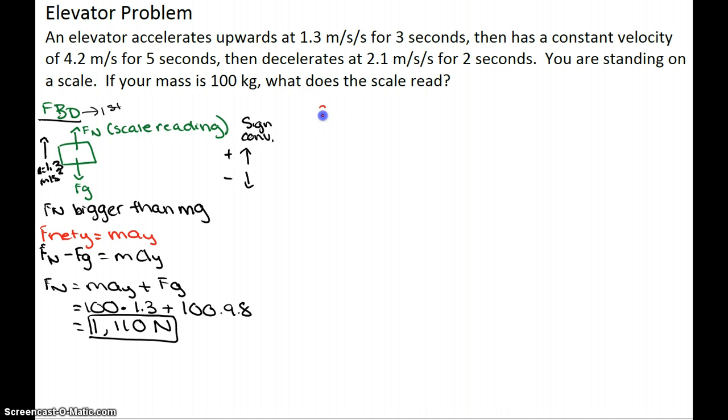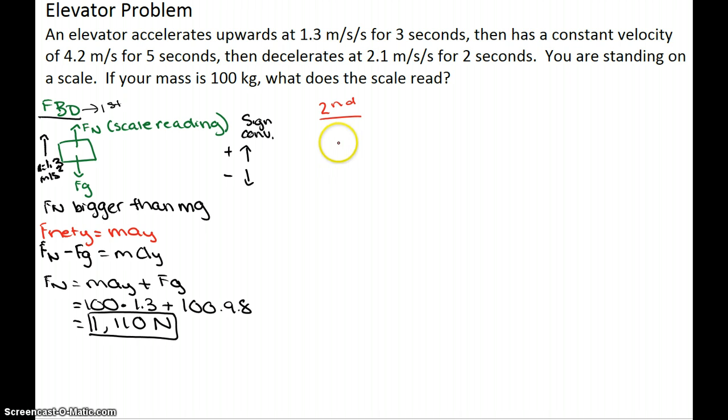Now let's look at the second part. I'm moving at a constant velocity of 4.2 meters per second for 5 seconds. To draw my free body diagram again, I have my weight pulling us down and the normal force pushing up. For my signs, again, up is positive, down is negative, because that's the way we typically think about it.